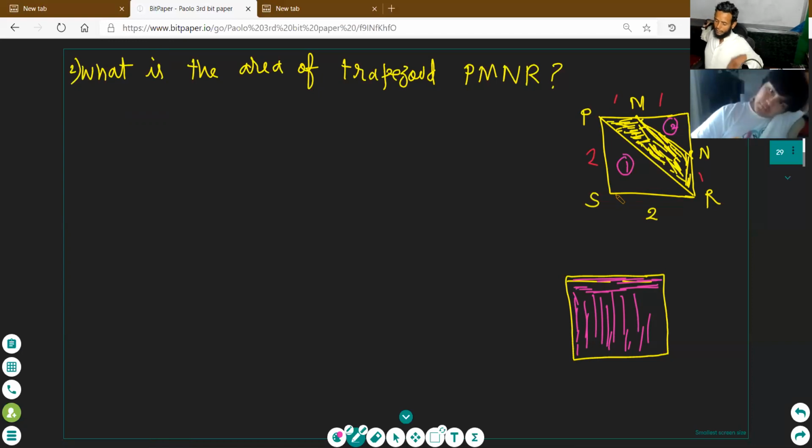So find the area of a triangle. Do it. Write the name, area of triangle, is base times height divided by 2.